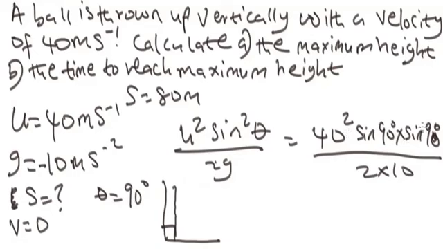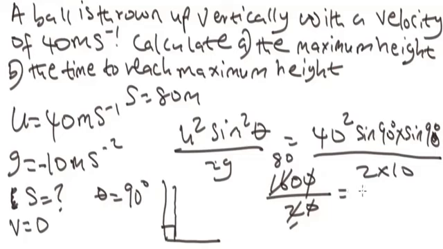When you simplify, sine 90 is 1, so this is 40 squared, which gives 1600 over 2 times 10, which is 20. You're going to get 80. So you still get the same value for maximum height, 80 meters.